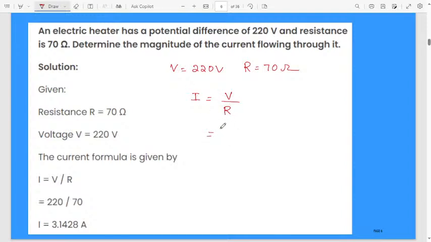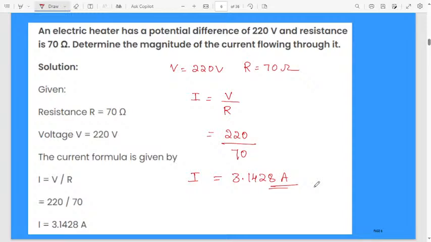Direct problems are given here. The V value they have given, potential difference 220 volt, divided by resistance 70. 220 divided by 70, you will get the current value as 3.1428 ampere.